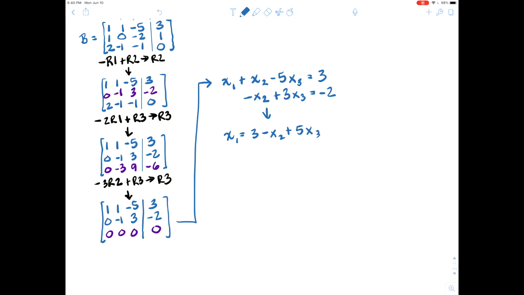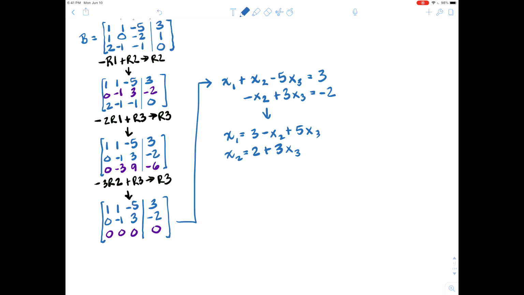And if I isolate x2 with a little bit of algebra, what's going to happen? I will get +2, and then what? I'd be subtracting a 3x3, right? But then it would go positive, so I'd have +2 plus 3x3.